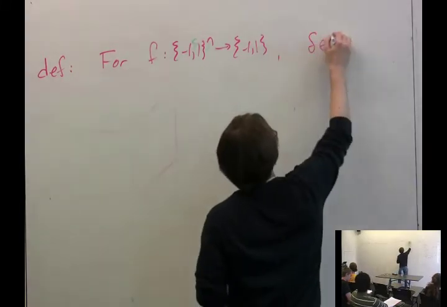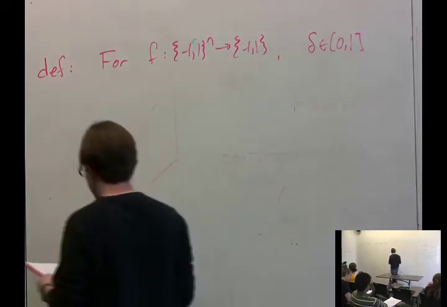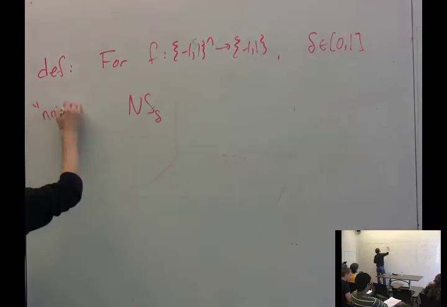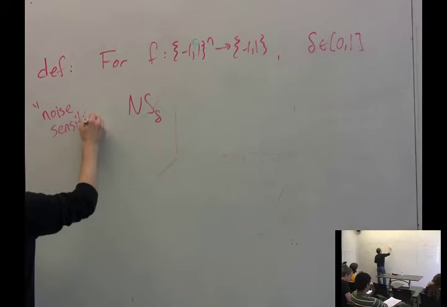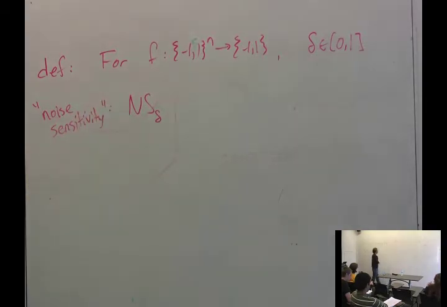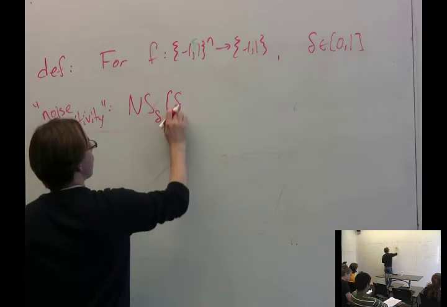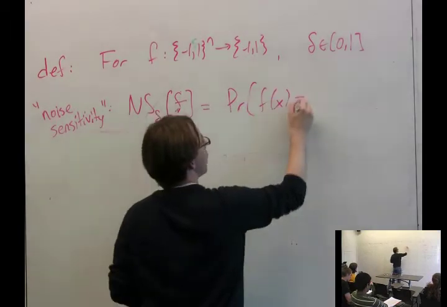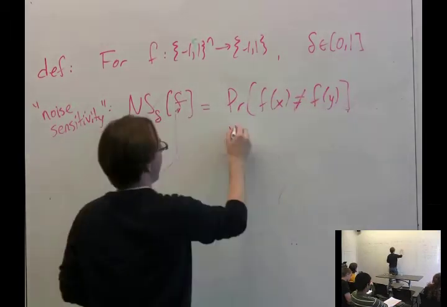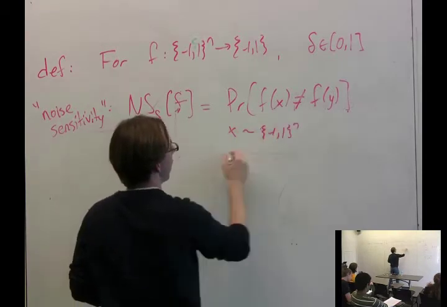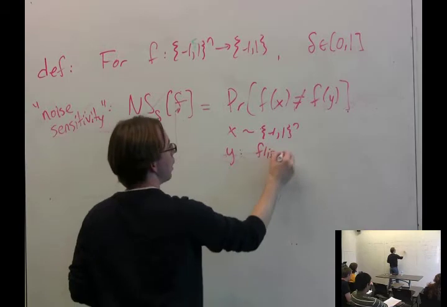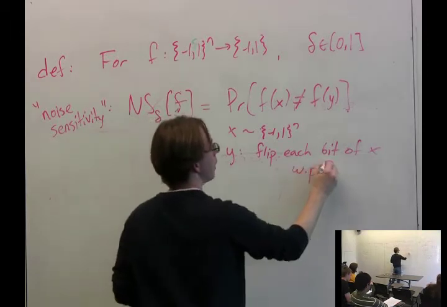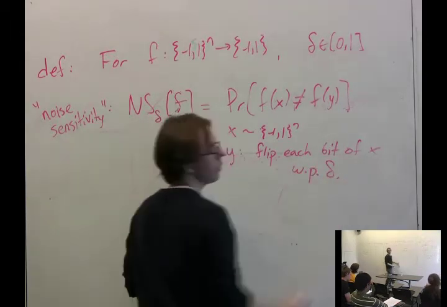So given f and some parameter delta between 0 and 1, but think of delta as very small, we define the noise sensitivity of f at parameter delta to be the probability that f(x) differs from f(y) when x is uniformly random and y is formed by flipping each bit of x, negate maybe I should say, with probability delta independently for each bit.